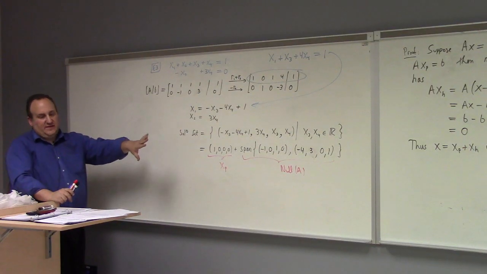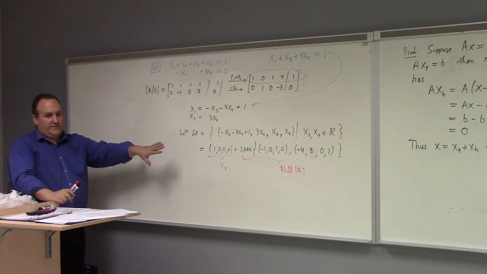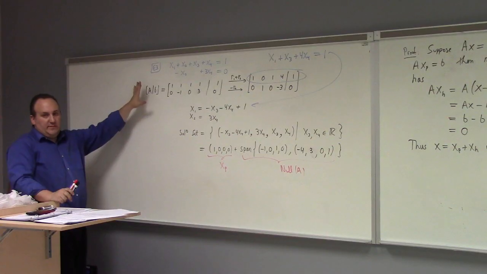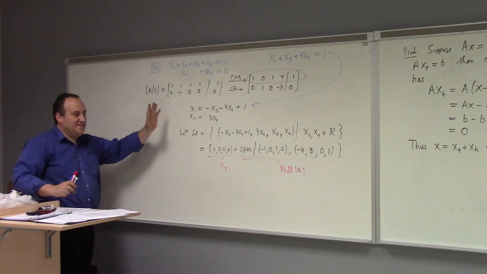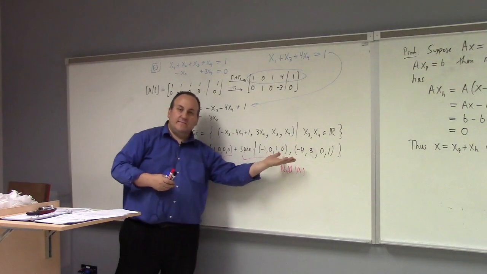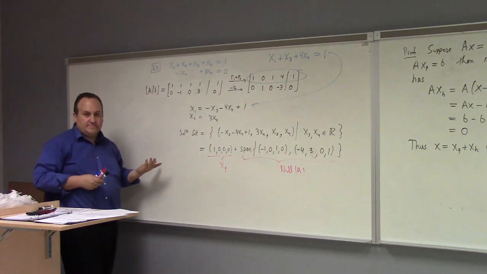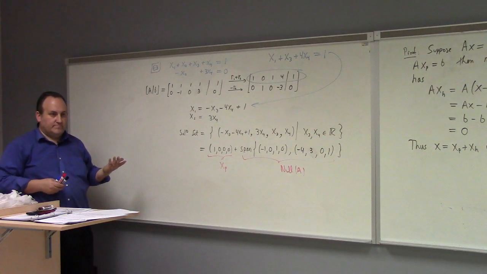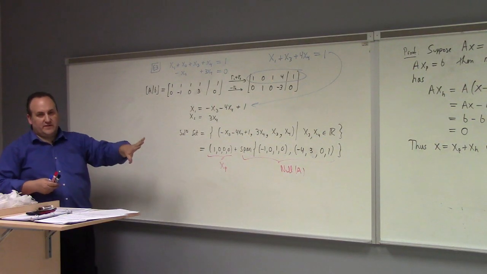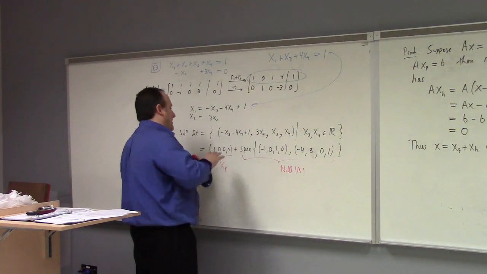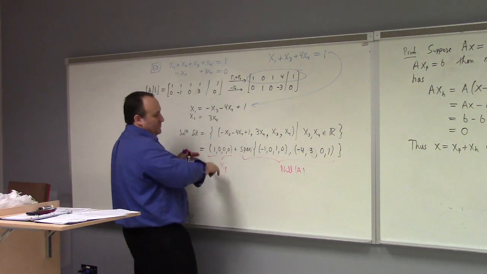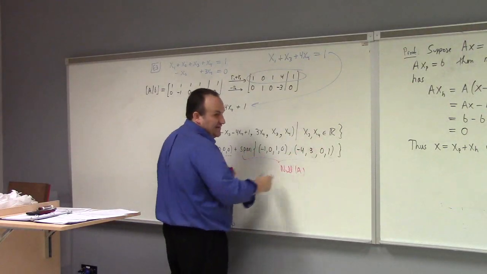So this exemplifies the theorem we were just talking about, which is that a solution can be written as the sum of a particular solution and a homogeneous solution. Here I'm just expressing all possible homogeneous solutions as a span, because we can, right? The general solution is like this plus c1 times that plus c2 times that, right?